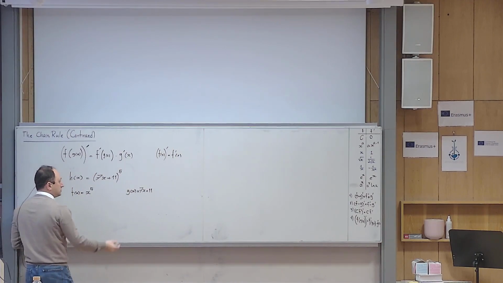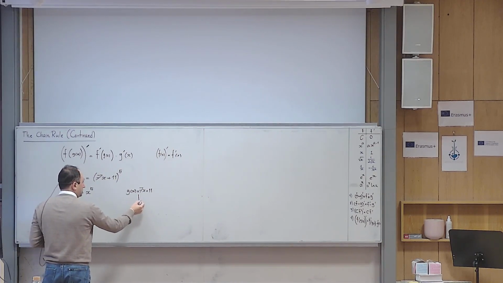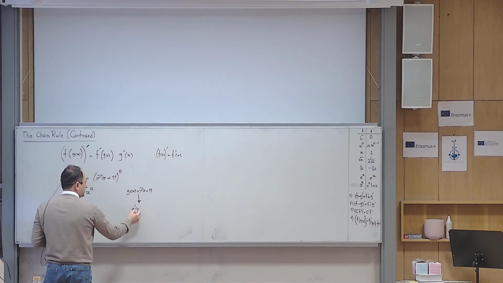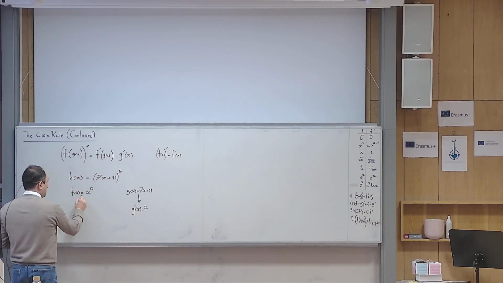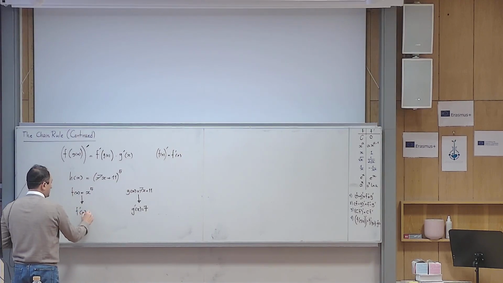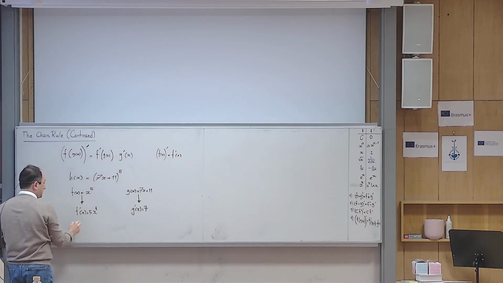And as I told you, when you found your inner function, you just differentiated, end of story for that. But when you found your outer function, you not only differentiated, but that is not the end of the story. The end of the story is to calculate f prime of g of x, which means what?